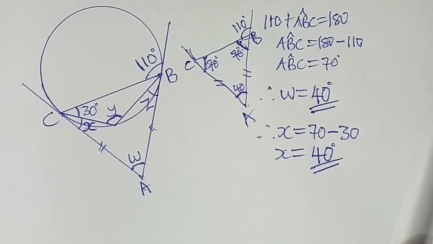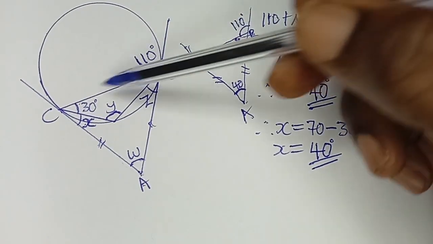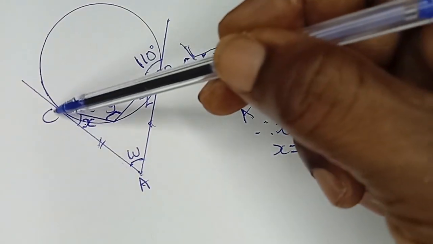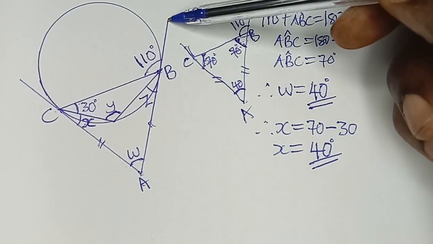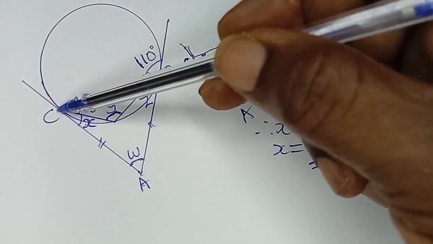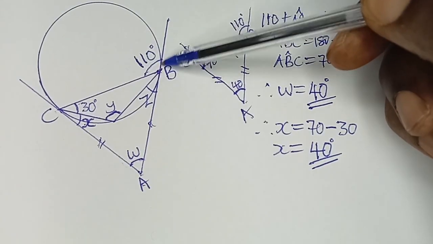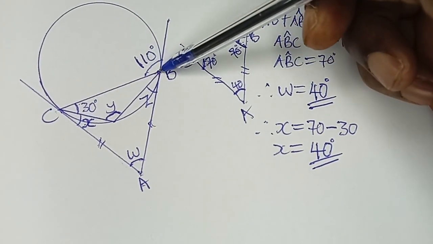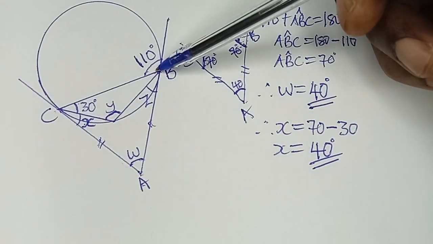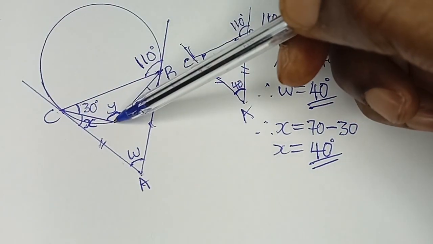Then let's move on to angle y. If you look at this point here, this line BC makes 110 degrees with this tangent. In the same way, this same line BC, which is the chord, will also make 110 degrees inside the triangle that it makes in the circle.